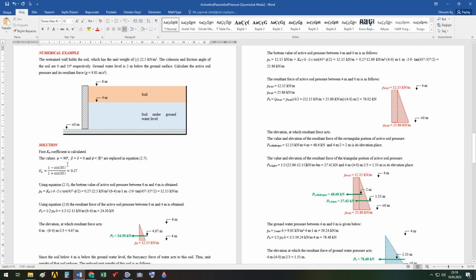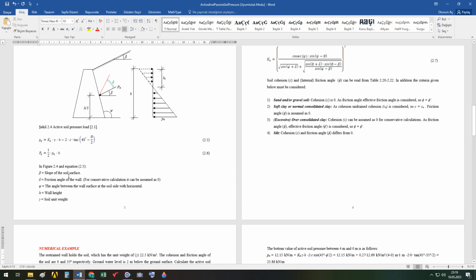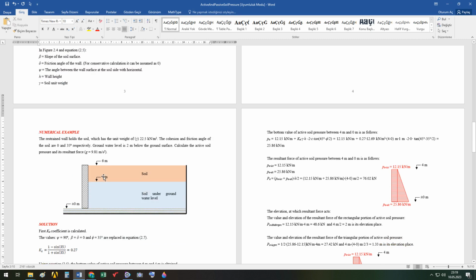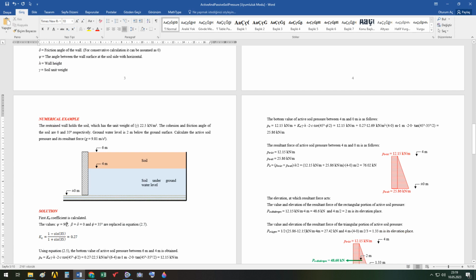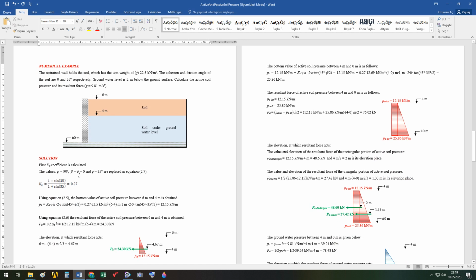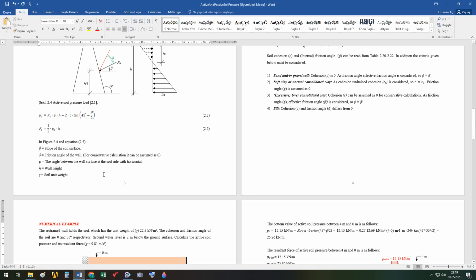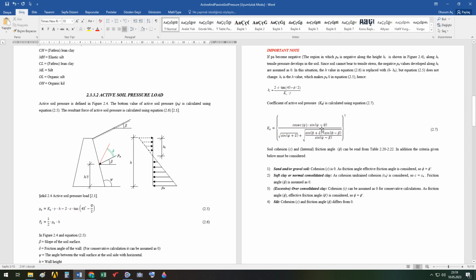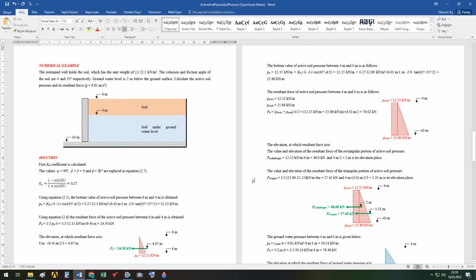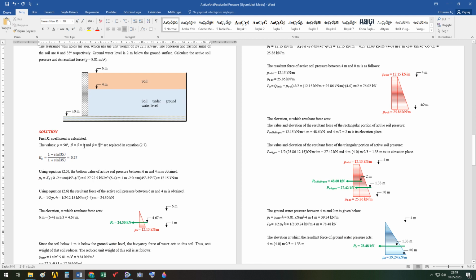And this angle is the angle here. As you see, it's 90 degrees. So we put these values into equation 2.7, this here, and obtain, it's very simplified because there are a lot of zeros and 90 degrees here. We obtain this value.